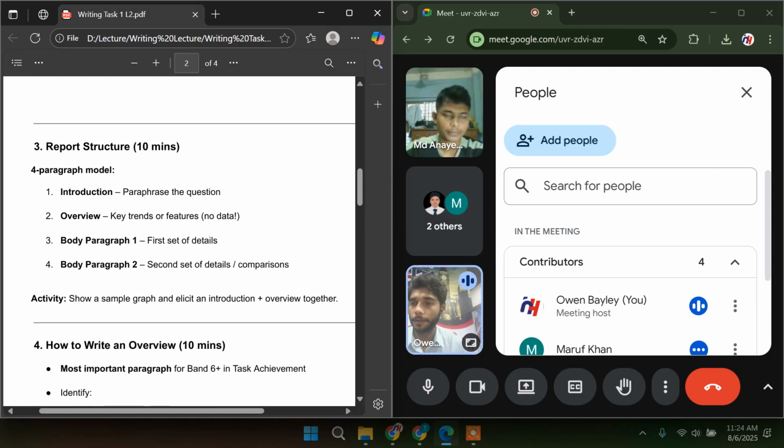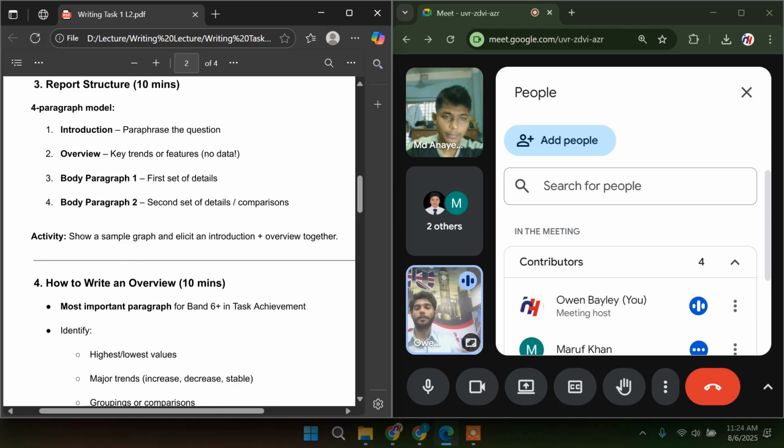Report structure, 10 minutes, 4 paragraph model. When you're writing this report, write it in 4 paras. First para would be the introduction, where you will paraphrase the question and introduce the topic. Second is overview. Over here you don't need to give any data or numbers.